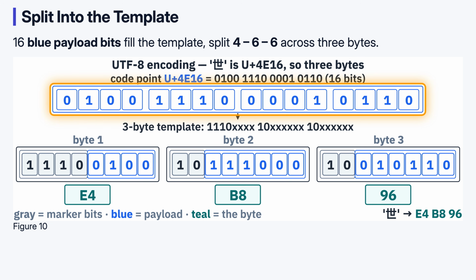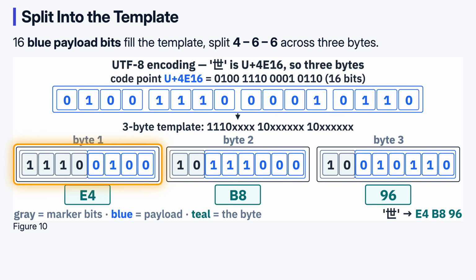Now pour the 16 bits into the 3-byte template. The fixed leading bits are the markers. The X positions, drawn in blue, are the payload, the real data. 16 payload slots, and we have exactly 16 bits to place. They split 4, then 6, then 6. Byte 1 is the marker 1110, followed by 4 payload slots.